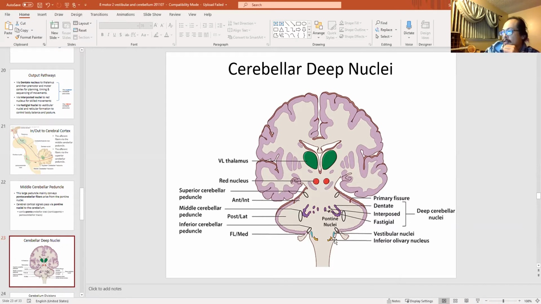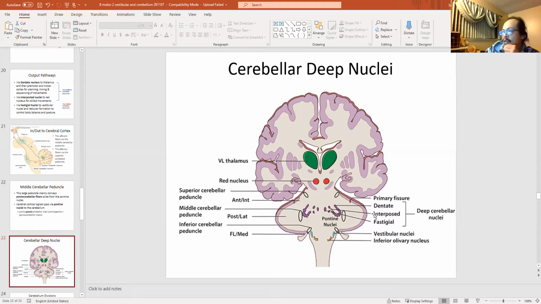Just so you have the idea, this is the vestibular nuclei right here, and the cochlear nuclei. Cranial nerve 8 will innervate: one contacts the vestibular nuclei, the other one, the cochlear nerve, will contact the cochlear nuclei.